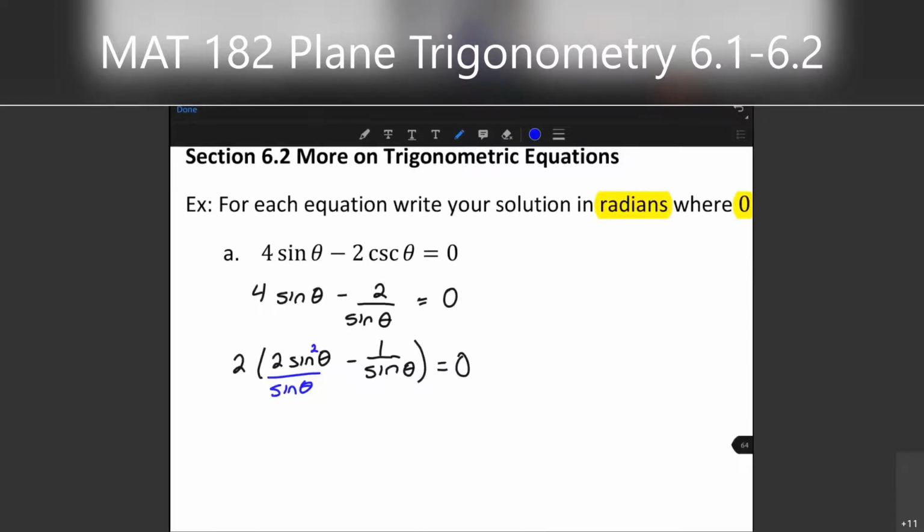So that would be an appropriate operation we could do. So we could rewrite this as 2 times, since we have a common denominator, 2 sine squared theta minus 1, and then divide by just sine theta. And that's equal to 0 still.